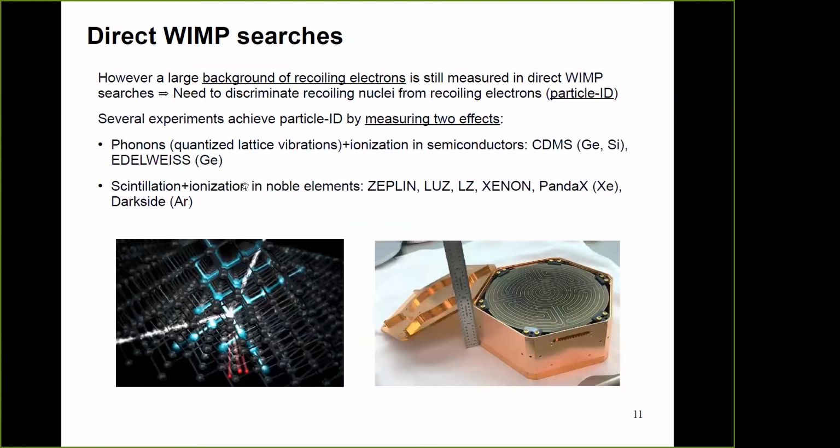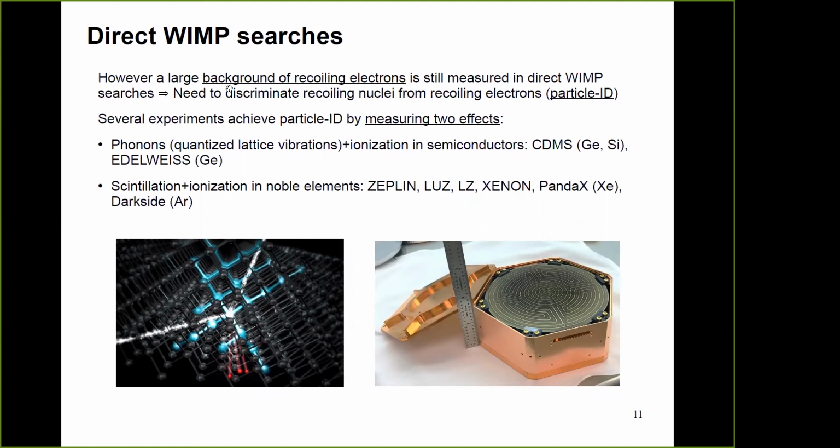And with respect to the techniques to observe the nuclear recoils, one important fact is that although we have these background rejection techniques, we still have a large background of recoiling electrons in our experiments. So we want to look for nuclear recoils, but we have this background of recoiling electrons that can be caused by gammas, beta decays in the bulk, and a series of processes.